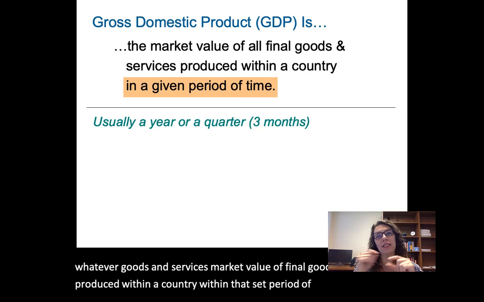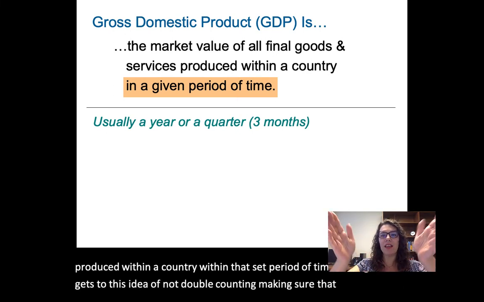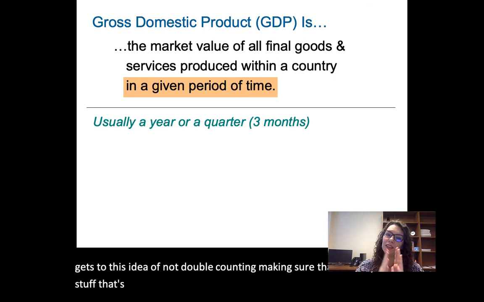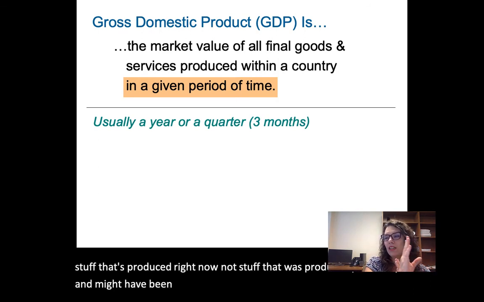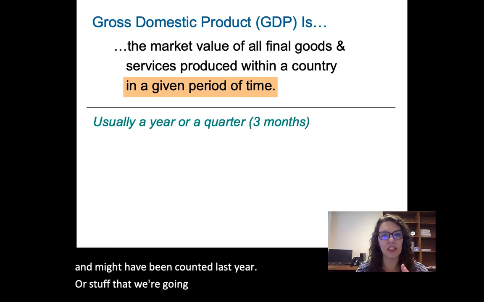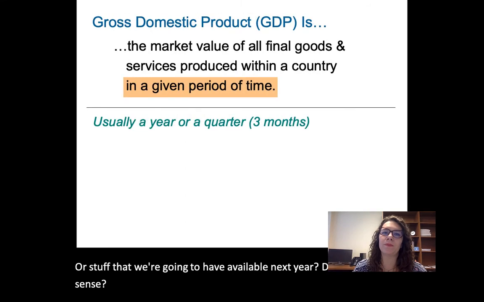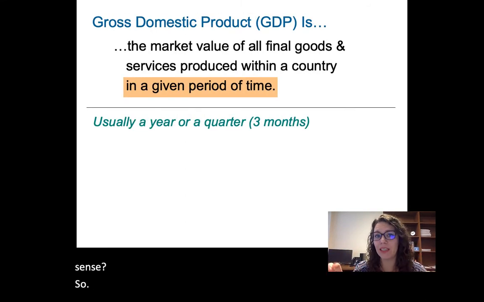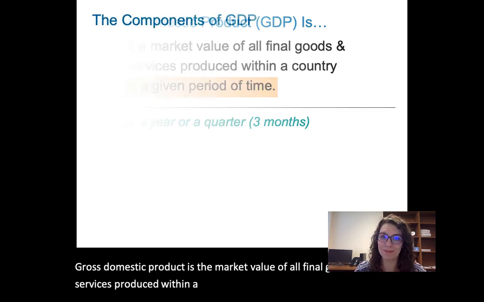And again, this gets to this idea of not double counting, making sure that we only count stuff that's produced right now, not stuff that was produced previously and might have been counted last year, or stuff that we're going to have available next year. Does that make sense? So, gross domestic product is the market value of all final goods and services produced within a country within a period of time.